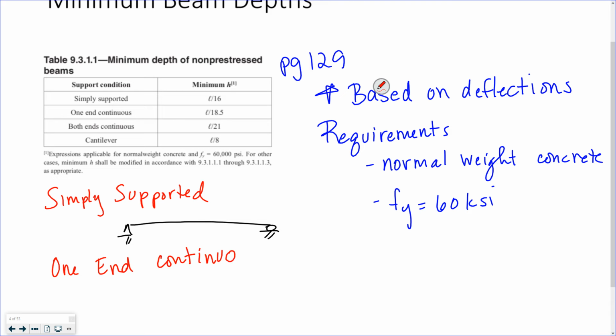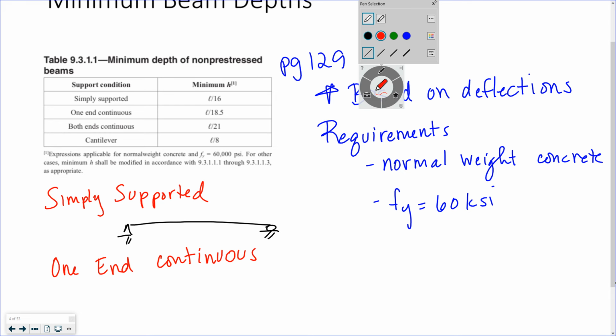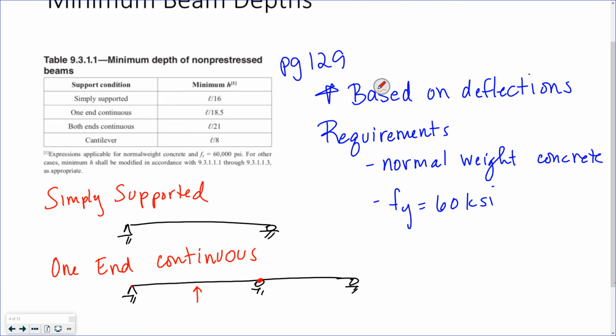One end continuous means we're looking at this beam, or the other beam, really, where this end is not continuous and this end is continuous.